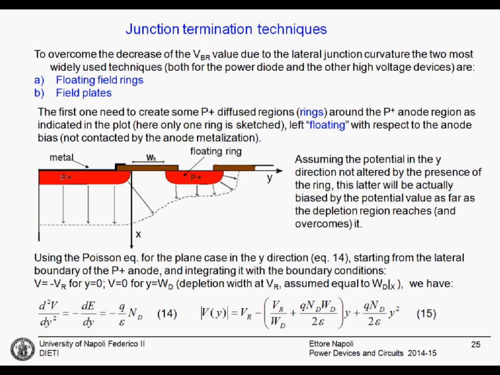This is valid for the power diode, but also for other power devices. We said more than once that other power devices have a similar structure for the intrinsic layer. That is, there is always a junction and a thick low-doped layer that sustains the reverse voltage. And also for other power devices, we have the floating field rings and the field plates.